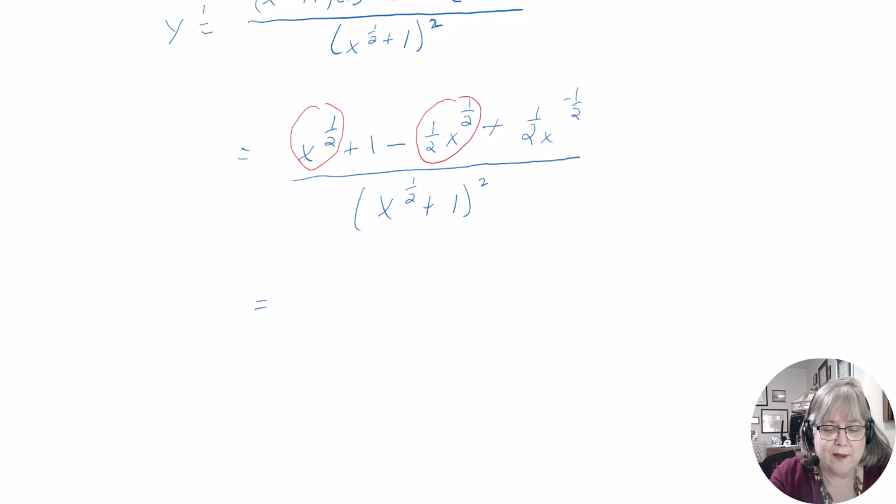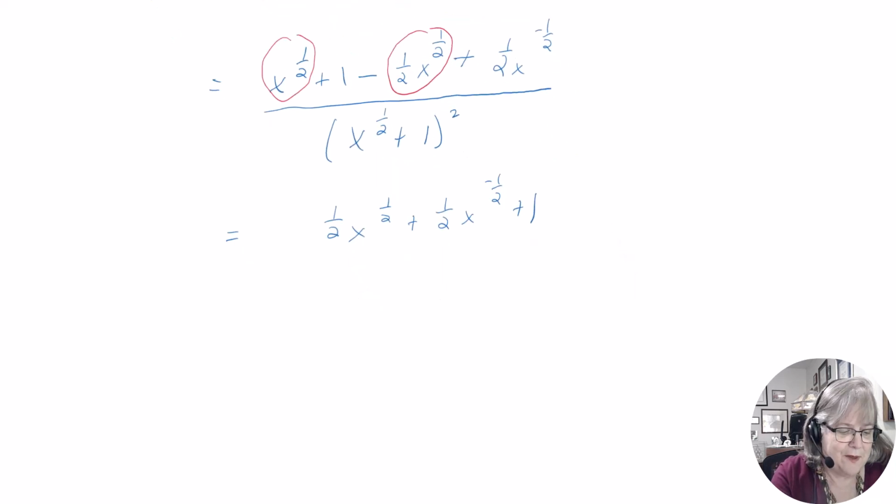So 1 x to the 1/2 minus a half of an x to the 1/2 is a half x to the 1/2. Okay, you all right? Plus the 1/2 x to the minus 1/2 plus 1, that's what's left on the top, over x to the 1/2 plus 1 squared.